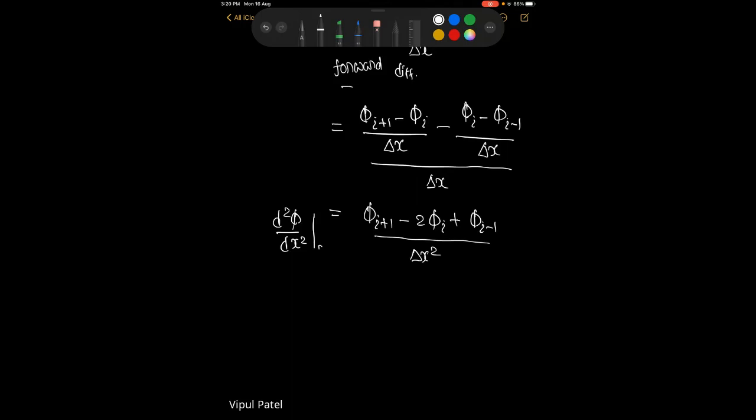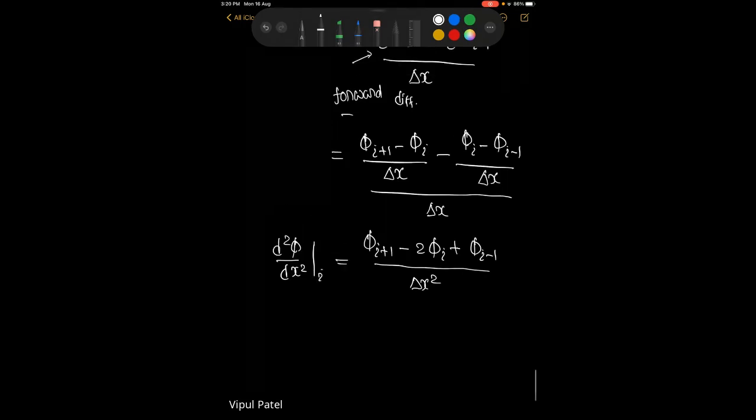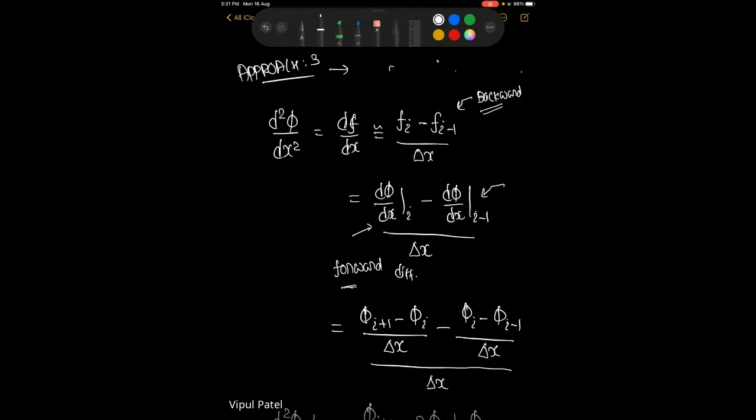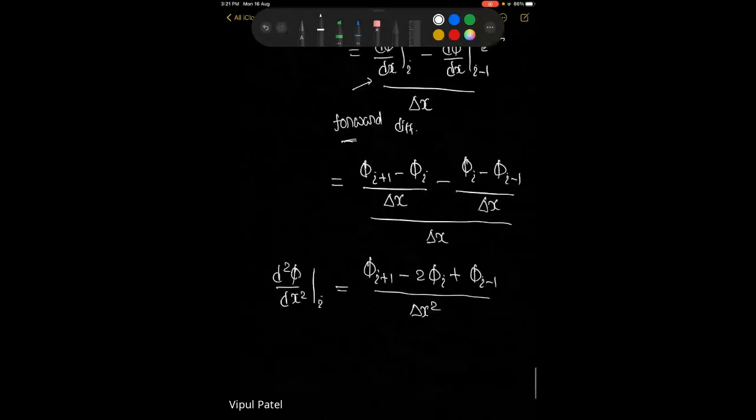Now, one surprising point to be noted is that we started with backward difference approximation. Meanwhile, we also introduced forward difference approximation for the intermediate term, and then we got this particular formulation.